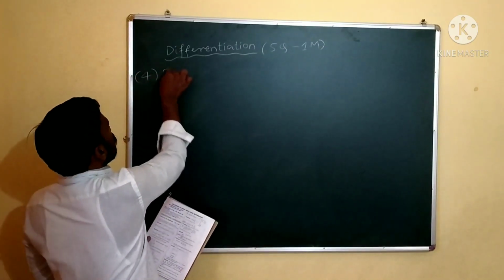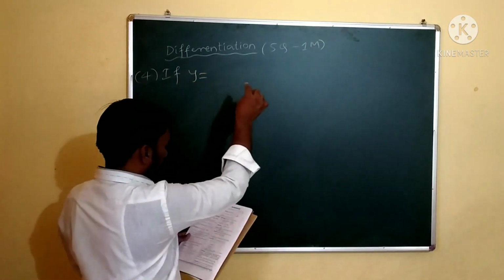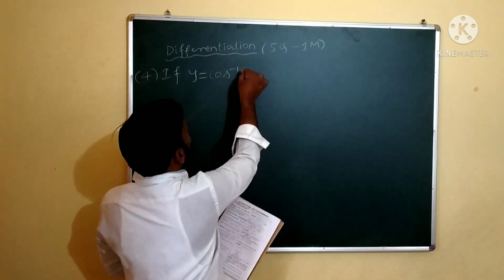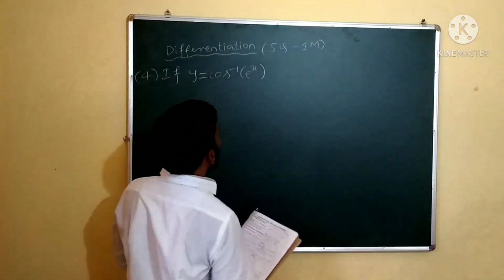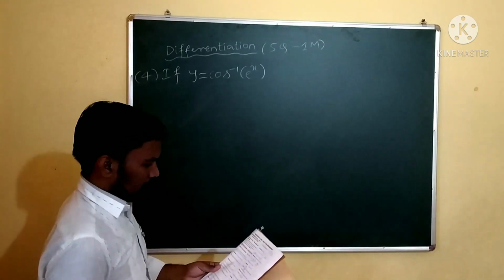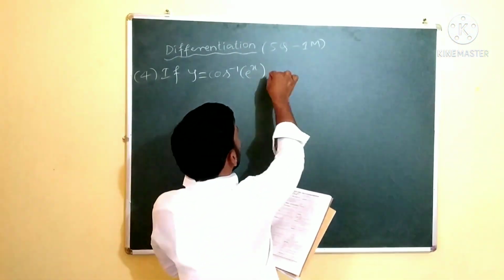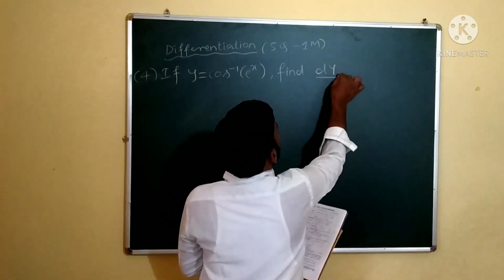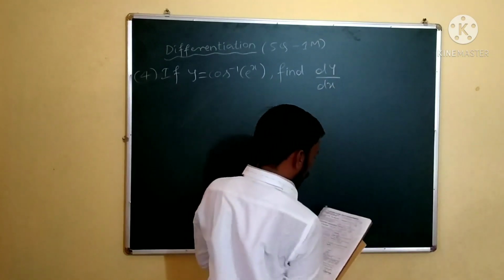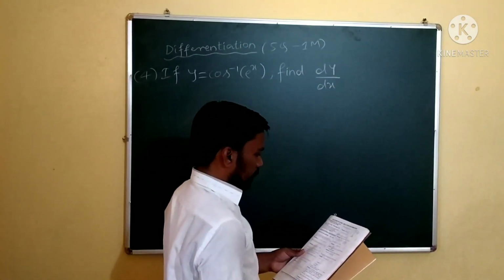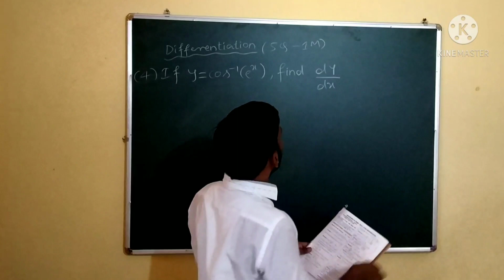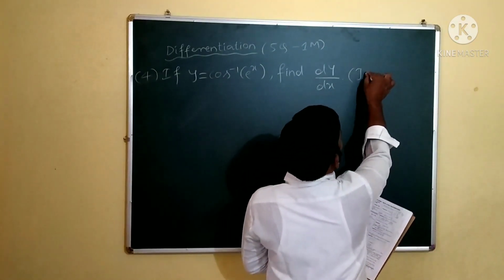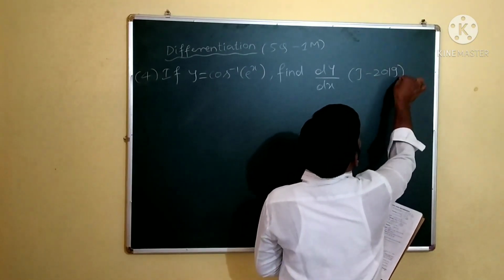If y is equal to cos inverse of e raised to x, cos inverse of e to the power of x, find dy by dx. This is from June 2019, supplementary paper.